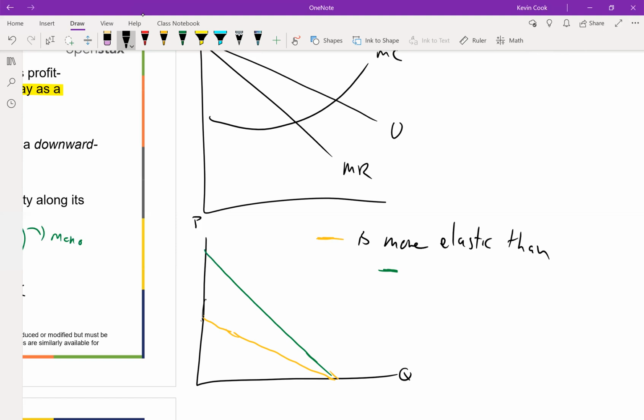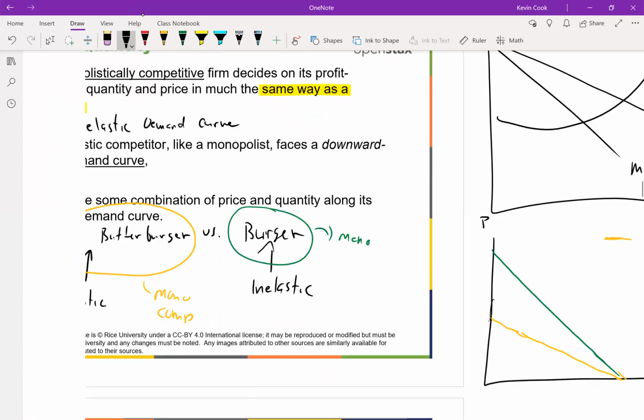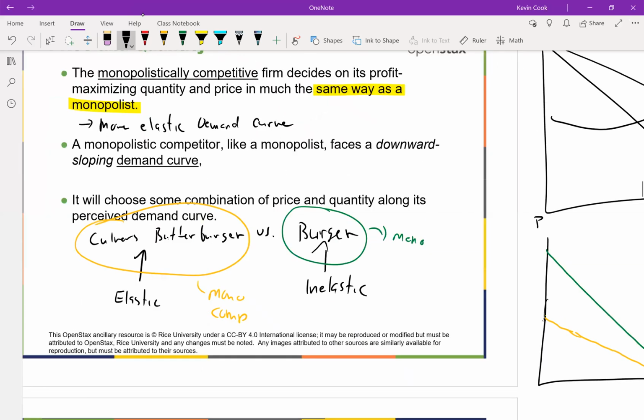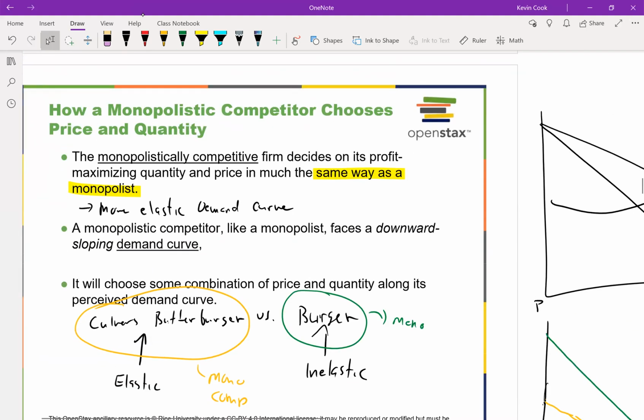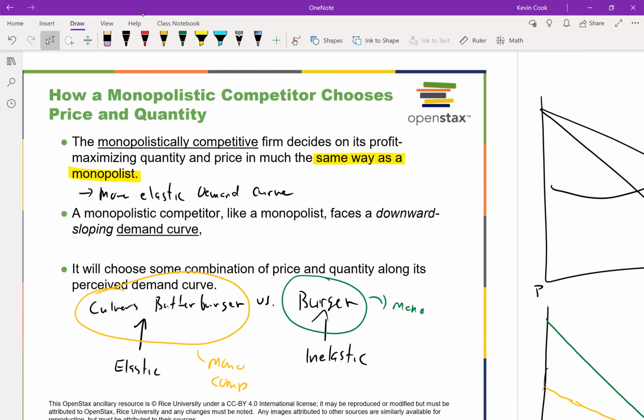Like I can say, I don't want to go to Culver's today, I'm going to go to McDonald's. So for that reason, our monopolistically competitive market will be more elastic, but everything else will be pretty much the same. Set marginal revenue equal to marginal cost, find the highest price you can charge, and that's how we maximize our profits. So they work a lot like a monopolist, just a little more elastic.